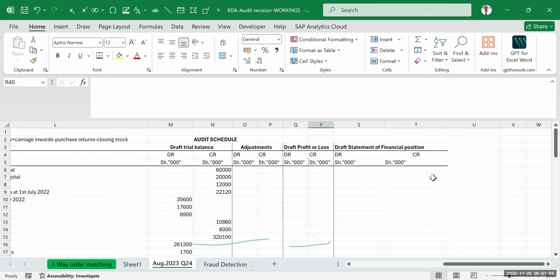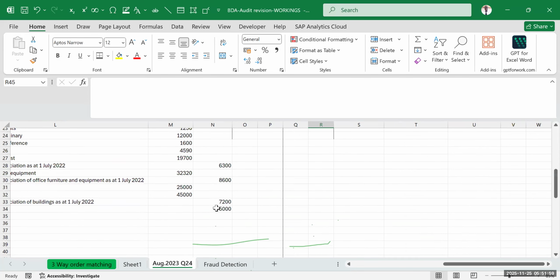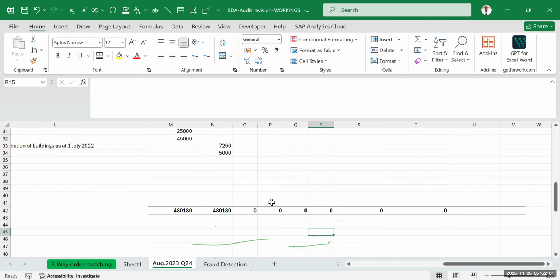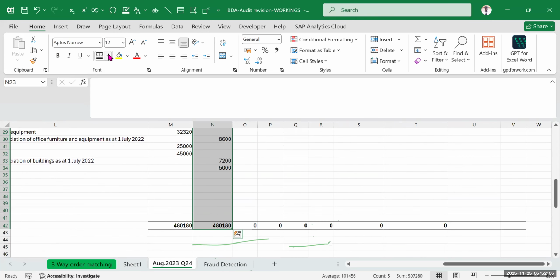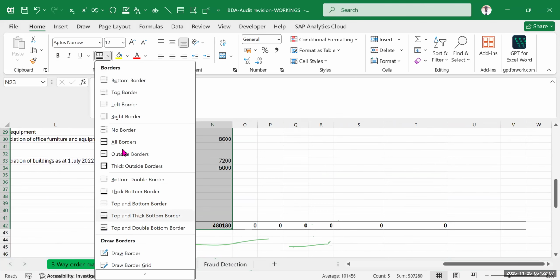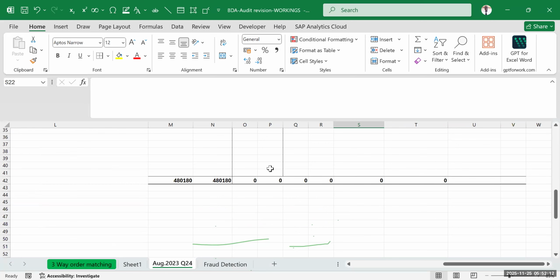Now, with those, we should go ahead and do the adjustments. To do the adjustments, let's look at the additional information. We are starting from the first one. What adjustments are we required to do?